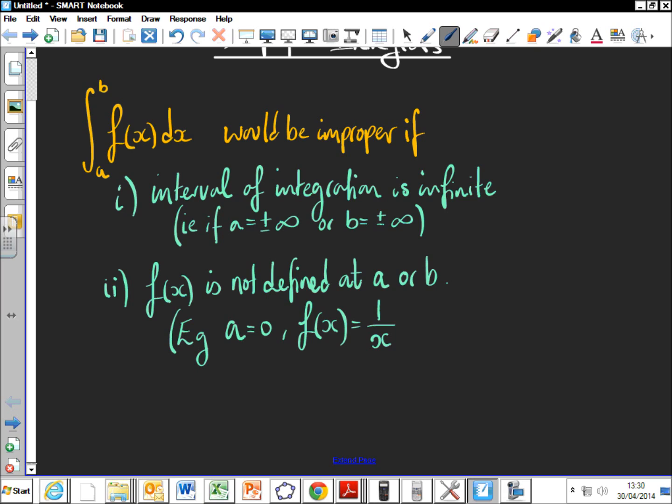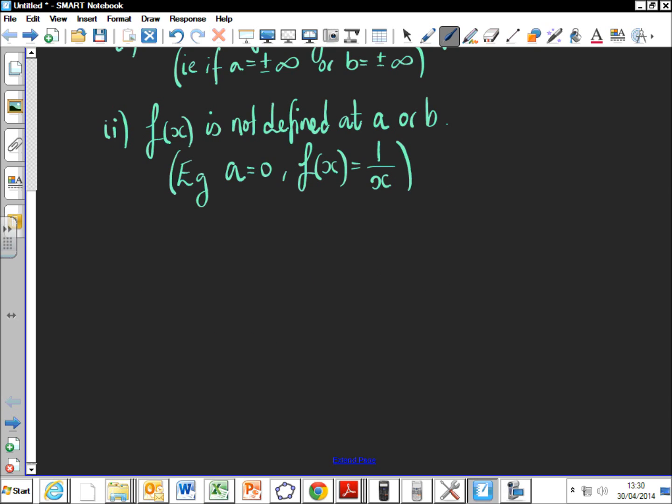You see what I mean? So if by putting in one of the limits into the thing you're trying to integrate, you get something undefined. So if the integration was 1 over x dx.